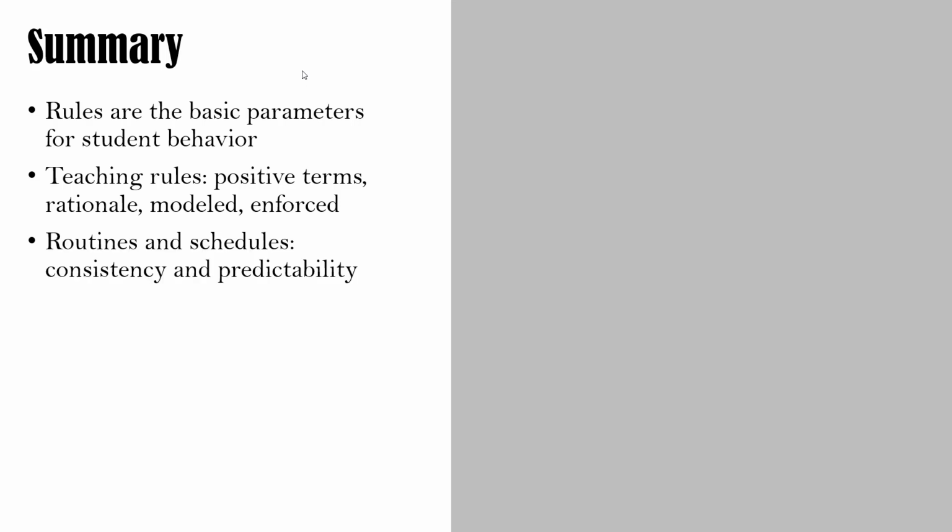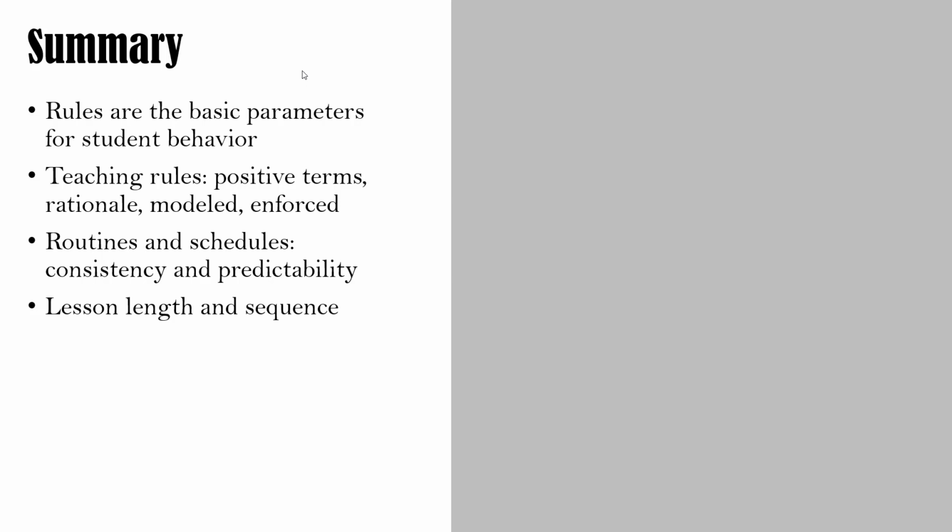And then we talked about routines and schedules. Making sure that you're consistent and everything is predictable is huge as a preventative strategy. It decreases challenging behaviors and things like that. We talked about lesson length and sequence, so the smaller sections that you divide your class into, independent work, group work, things like that.